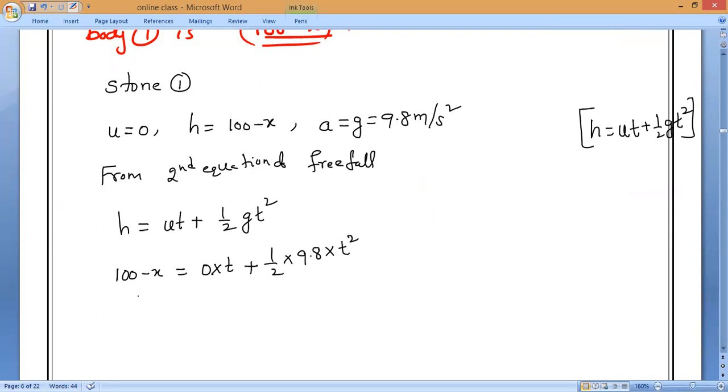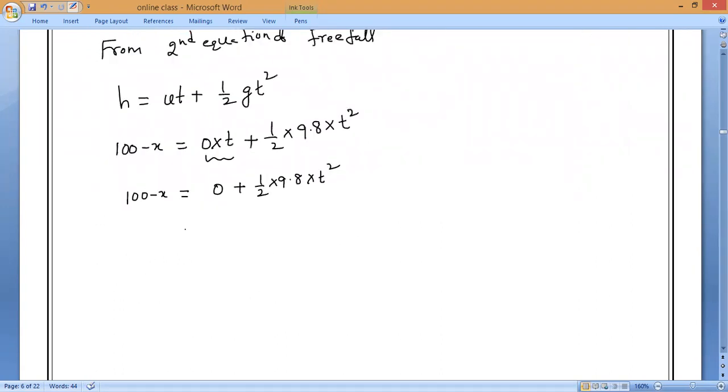Okay, so this is what it is. If you solve this one, 100 minus x is equal to anything into 0, 0 only, plus half into 9.8 into t square. Let me write this as 100 minus x, 0 no need to write, is equal to half into 9.8 t square.